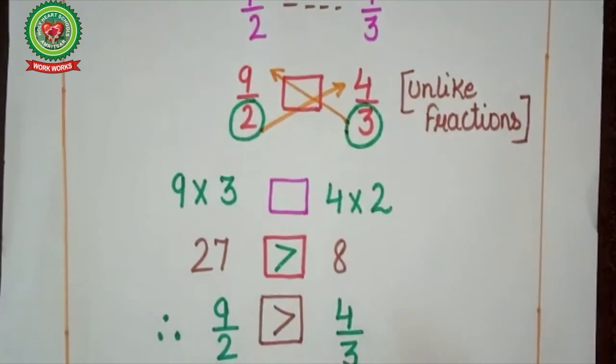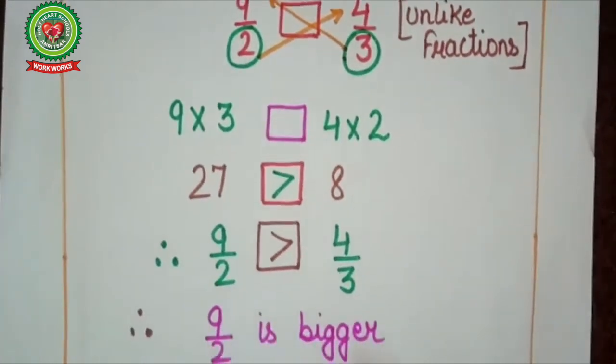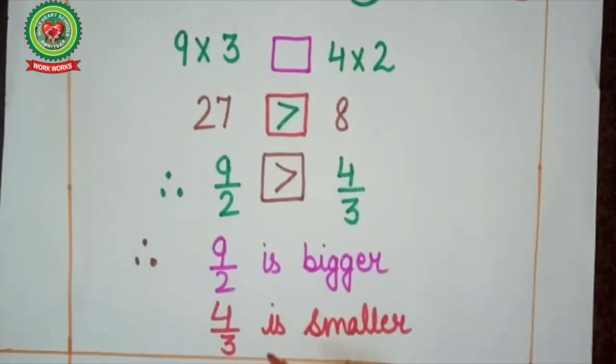So here we will put 9 upon 2 and here we will write 4 upon 3 and again we will put the same sign. So here it comes 9 upon 2 bigger than 4 upon 3 and at the end you will write 9 upon 2 is bigger and 4 upon 3 is smaller.